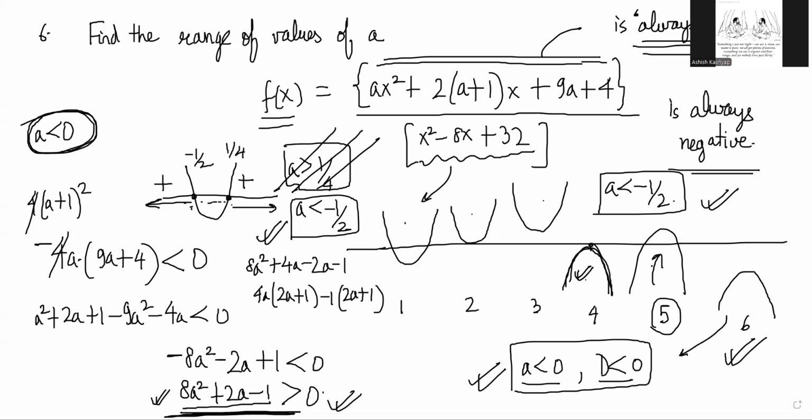What is the next one? सर 14. 5/14. 5 है कि 4 है? 5 है. Okay.